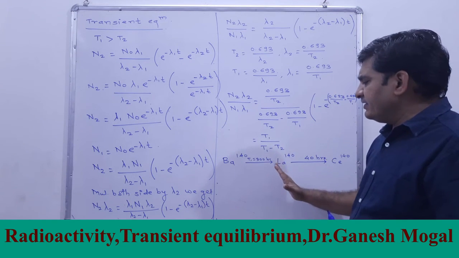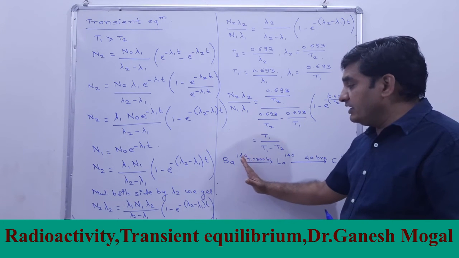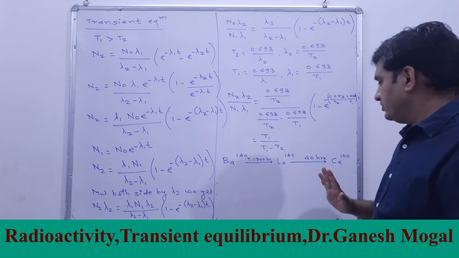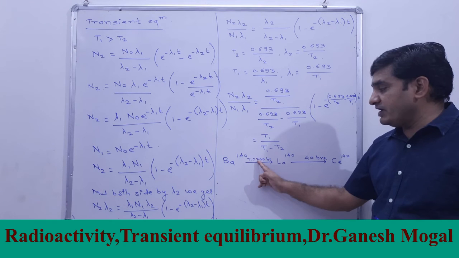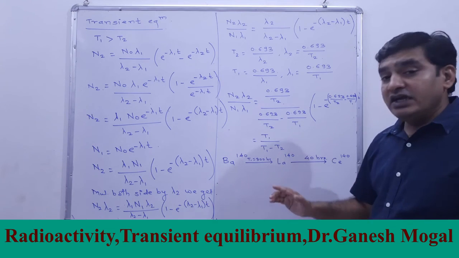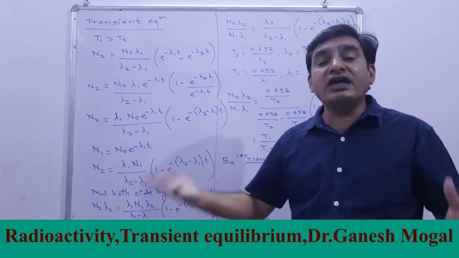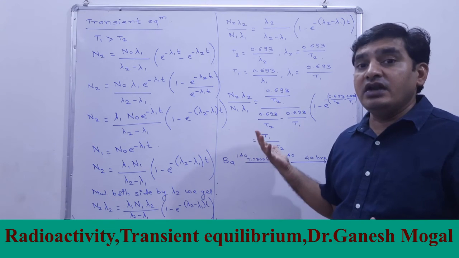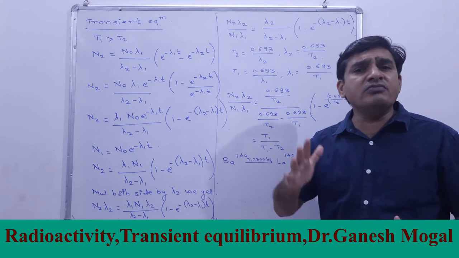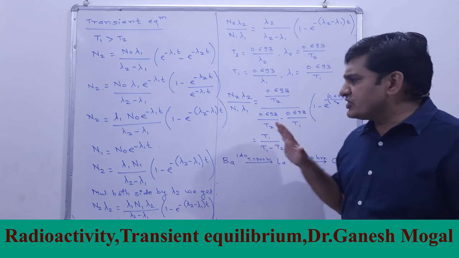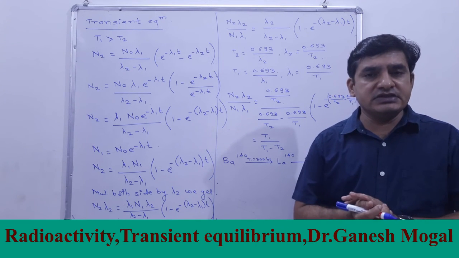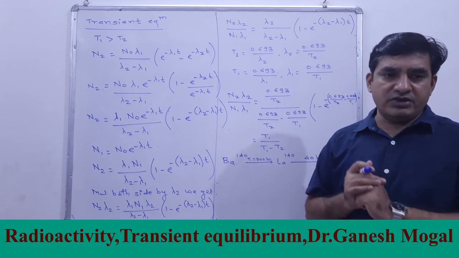Here we can say that the parent lives longer than the daughter. Here the half-life is 300 hours and here it is 40 hours. But it is not much greater than the lifetime of the daughter. Such a type of equilibrium is known as the transient equilibrium.